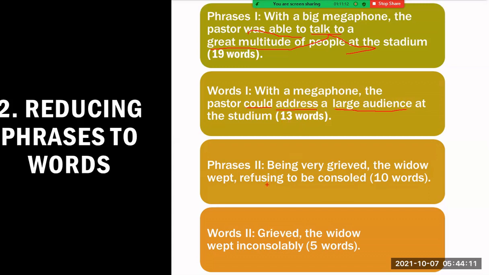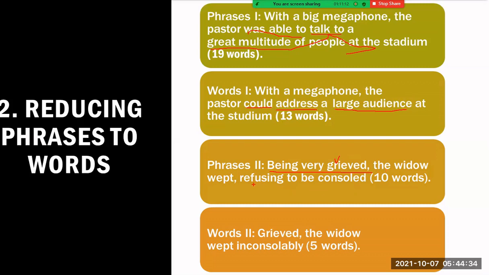Then let's look at the second example. Being very grieved, the widow wept, refusing to be consoled. So the phrase here, "being very grieved," we want to reduce it to a single word, "grieved." Then "the widow wept," we retain that.